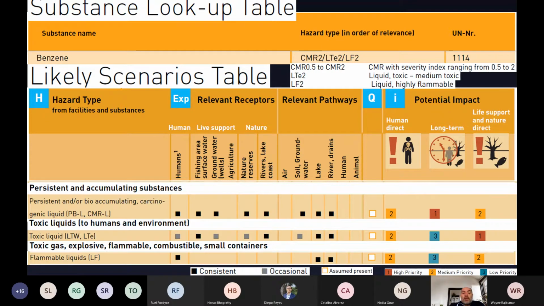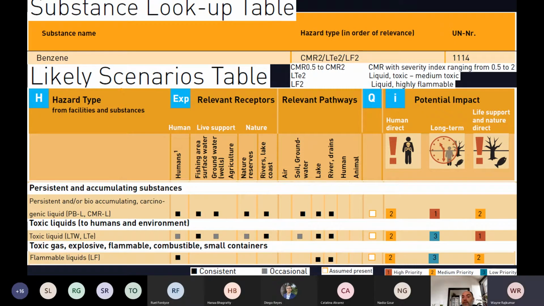So it is accumulative for this kind of substance. It also, in most of the cases, is a consistent hazard. So it is continuously releasing a hazard to the population or the place it is built.